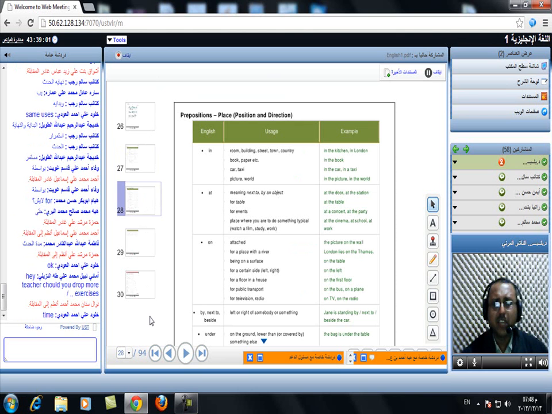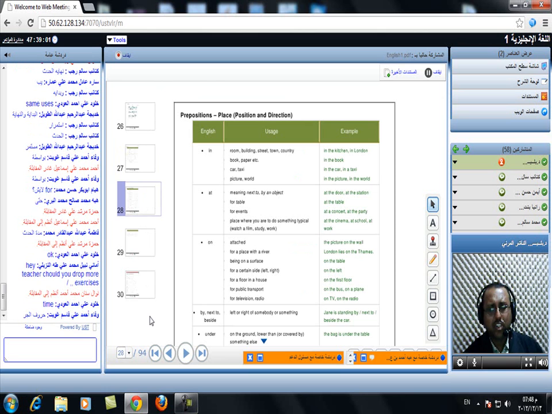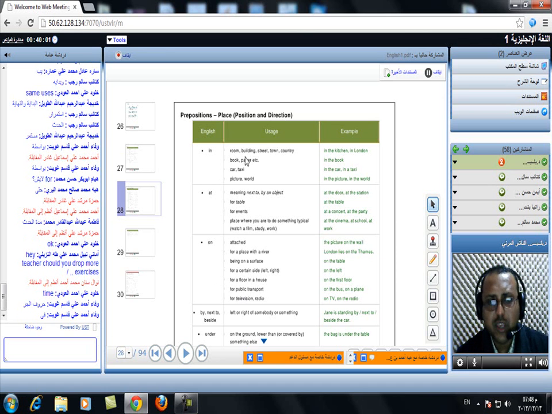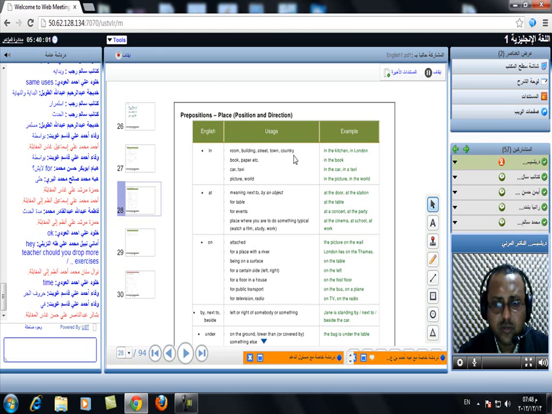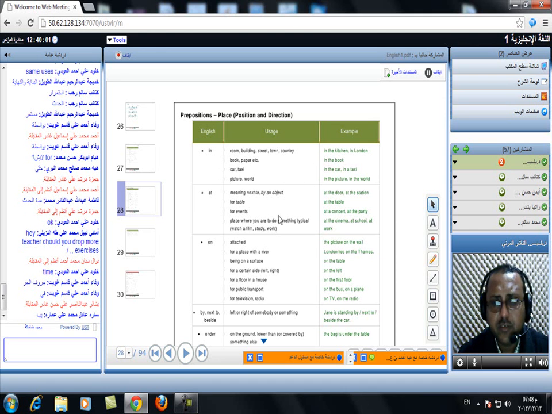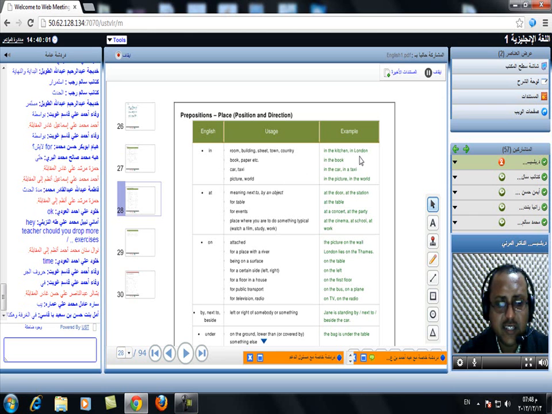طبعا في prepositions أيضا prepositions of place. Prepositions of place هذه يعني تستخدم للدلالة على المكان. إذا الأولى time زمان وهنا مكان. In for example تستخدم عندما تريد أن تقول أنه there is something in a room, in a building, in a street, in town, in a country and so on. تقول مثلا in the kitchen or in London, you know it is a city.